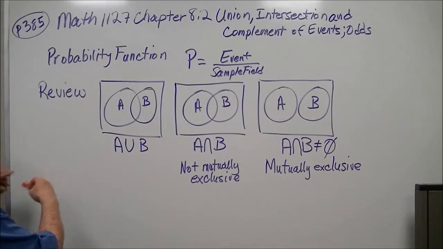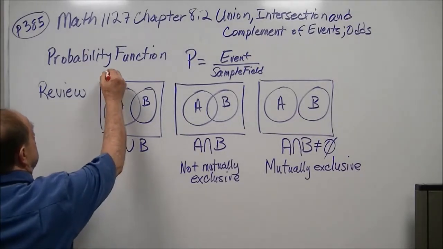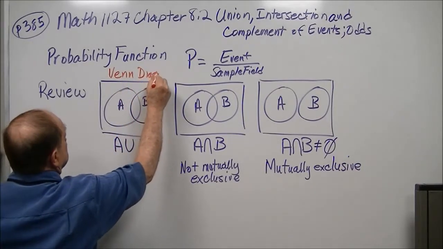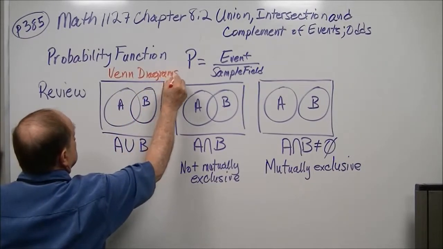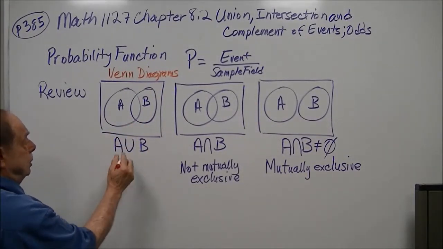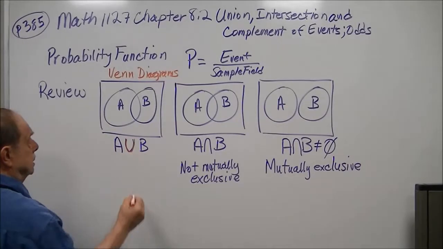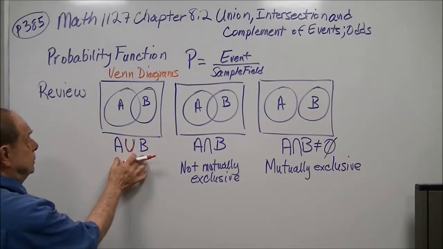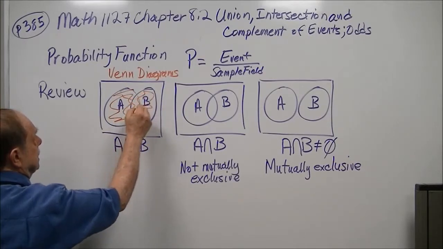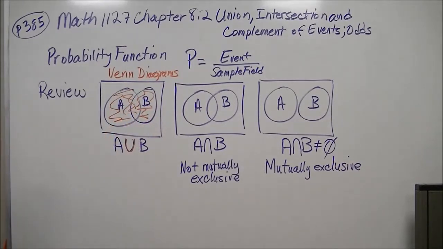Here we have a series of Venn diagrams. And in this Venn diagram, we're asked to show union. Well, we show union by shading everything. That would indicate union.